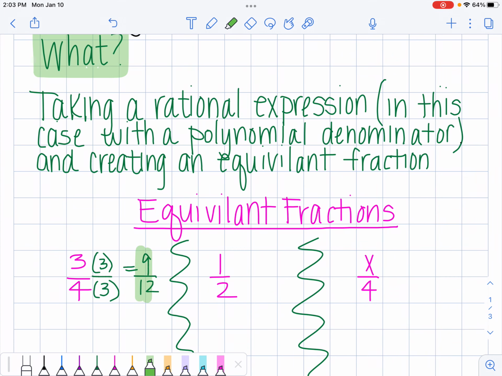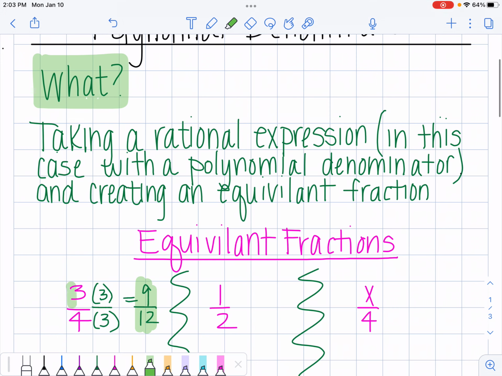So 9 over 12 is equivalent to 3 over 4, okay? It can go backwards. You can also divide. If I wanted something that we knew was the same as 1/2, let's just call it 4/8. If I divide the top by 4 and the bottom by 4, I get 1/2. So I'm either multiplying by the same number on the top and the bottom, or dividing by the same number on the top and the bottom, to get something that's equivalent.